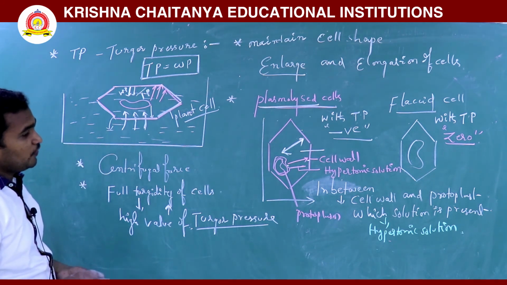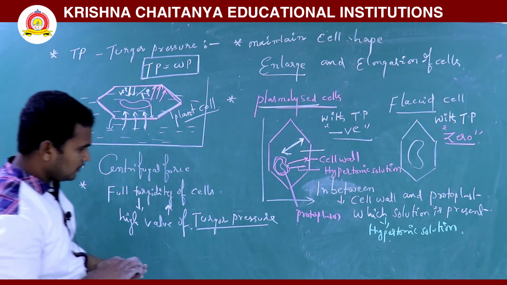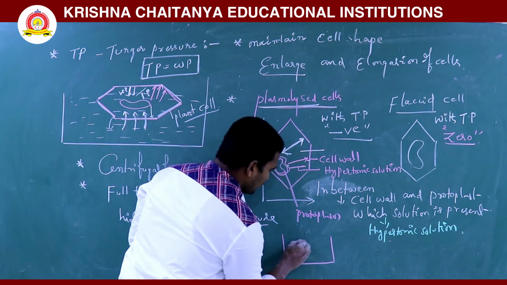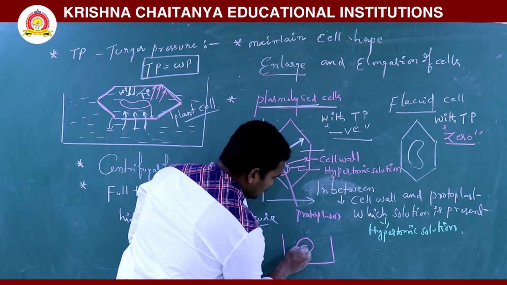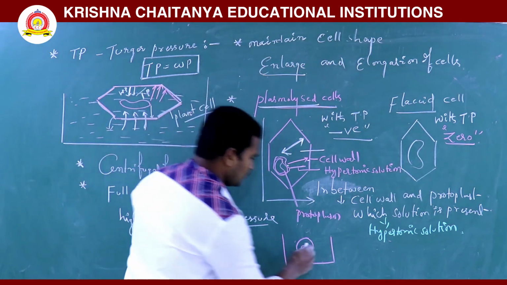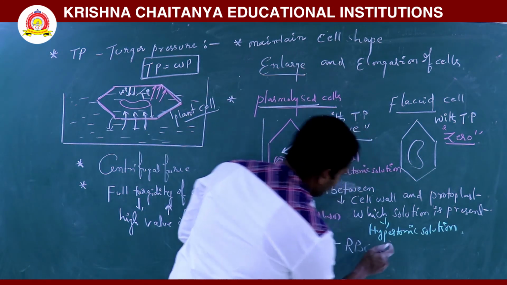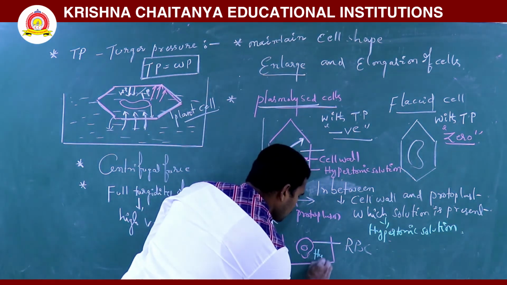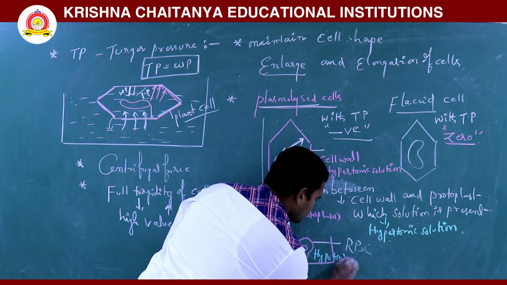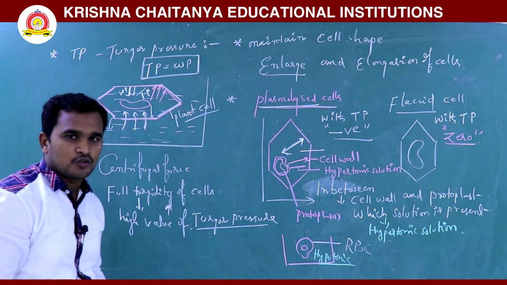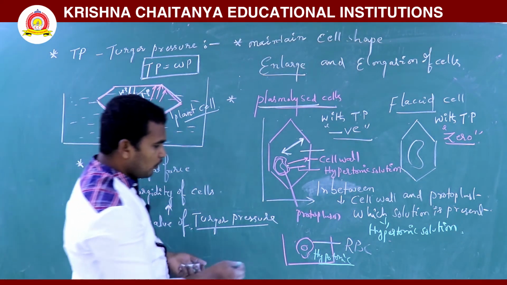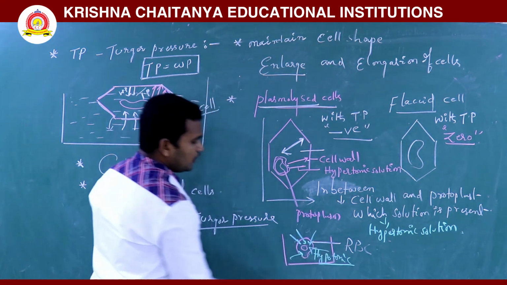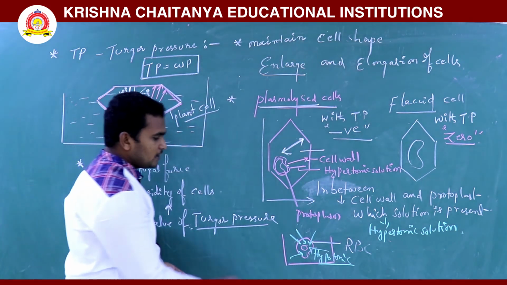Now, if you take an animal cell, for example RBCs, red blood cells, and place them into a hypotonic solution, water moves from the diluted solution to the concentrated solution.